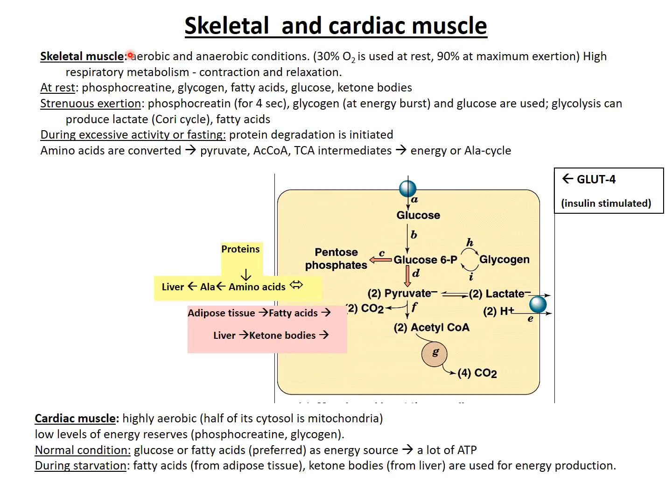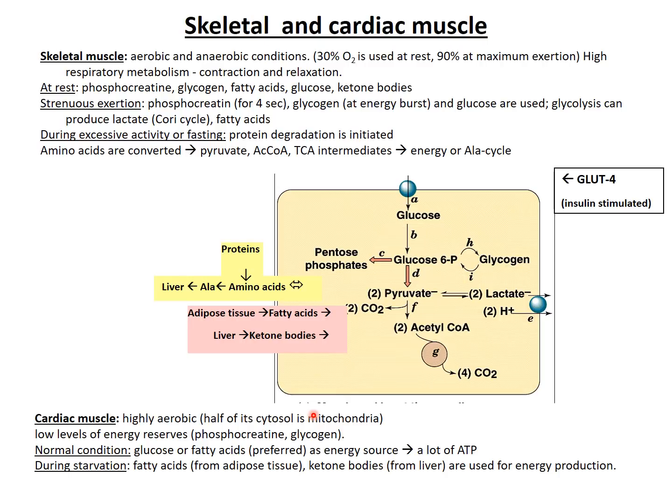Now, just a little comparison between skeletal muscle and cardiac muscle. For cardiac muscle, there is no rest period. Cardiac muscle always needs to work, and it is very highly aerobic. Even more mitochondria than in the skeletal muscle can be found in cardiac muscle.